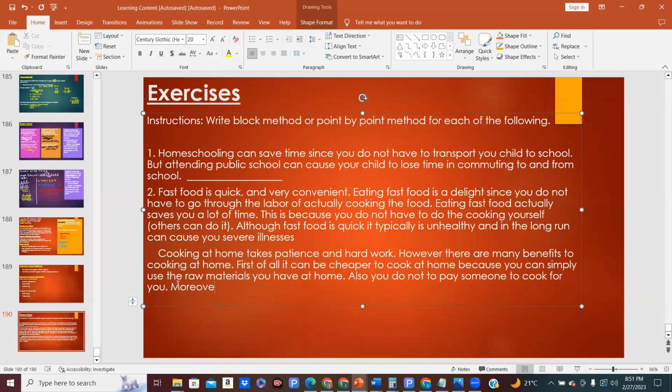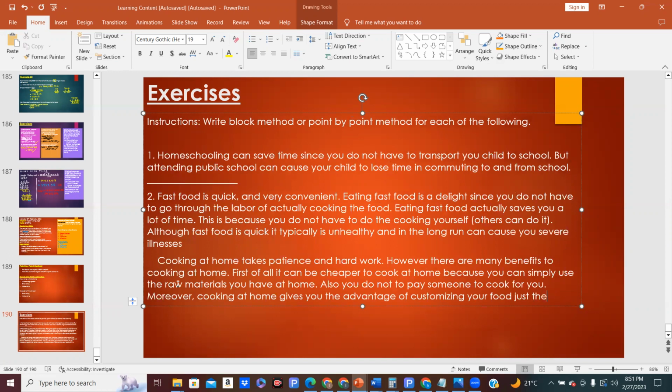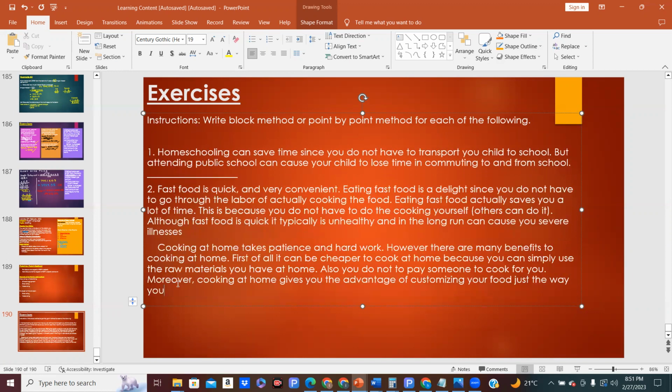Moreover, cooking at home gives you the advantage of customizing your food just the way you like it.